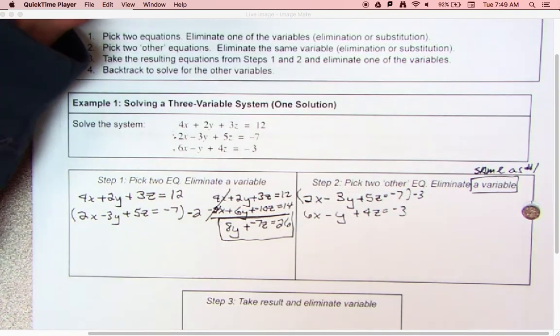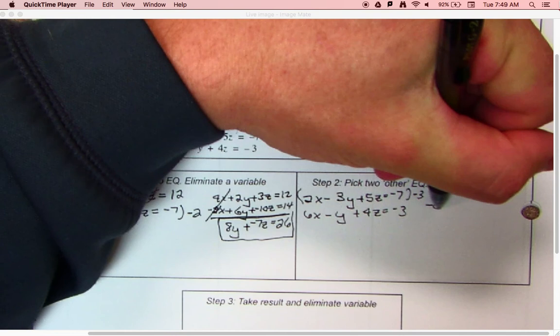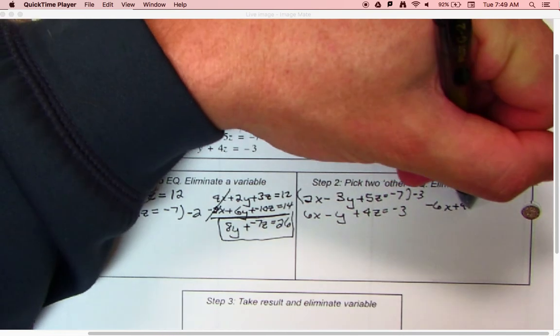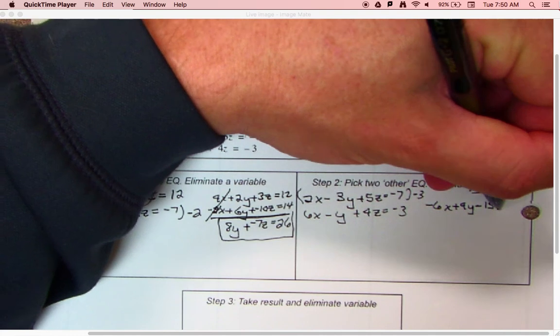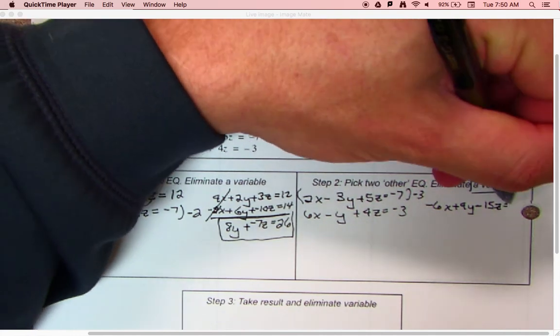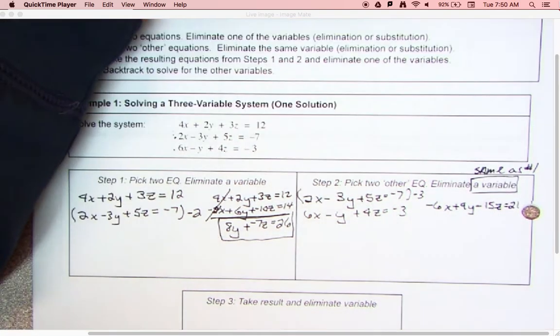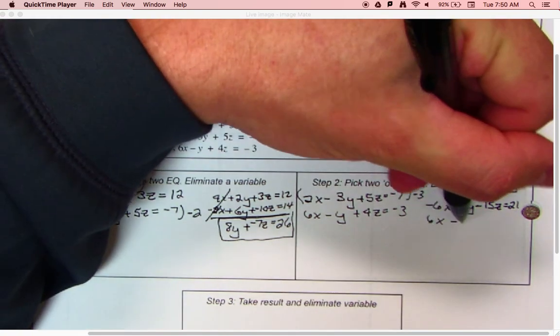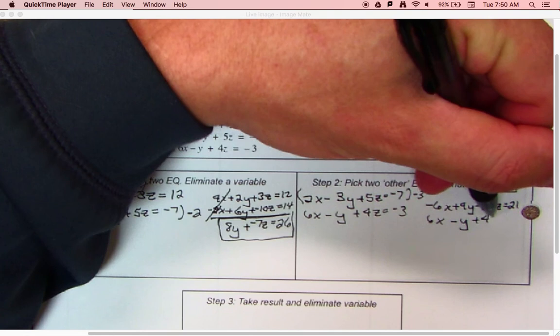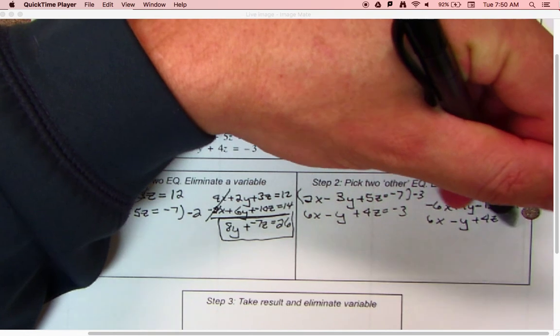And when I rewrite that, I get negative 6x plus 9y minus 15z equals 21. And then I rewrite my second one, 6x minus y plus 4z equals negative 3.